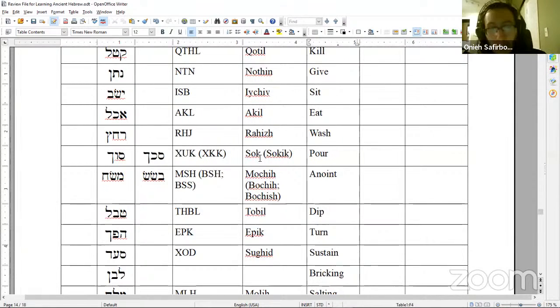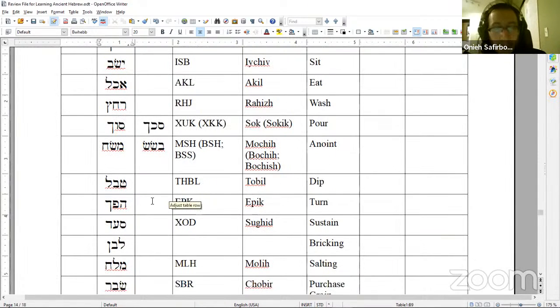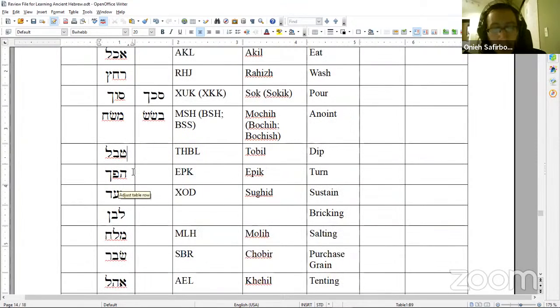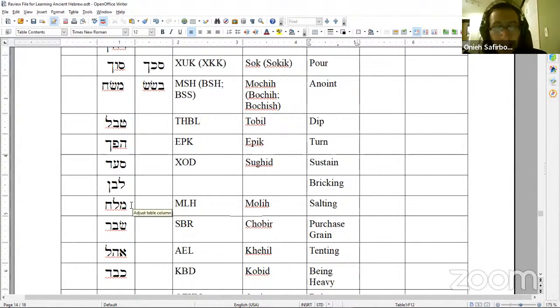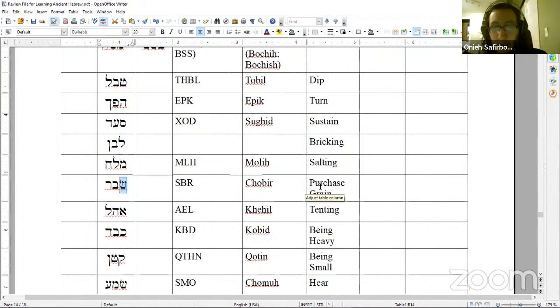Sakik, pour. Matcha, originally from bachish, anoint. Tabil, dip. Epic, turn. Sarid, sustain. Labin, bricking. Male, salting. Chaber, purchasing grain.